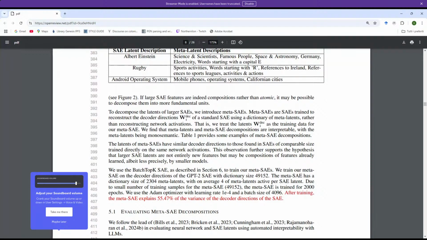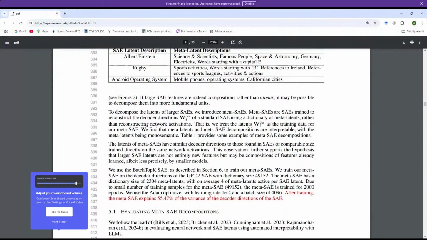Like the variance explained of a GPT-2 SAE with this size is closer to like 80-90%.